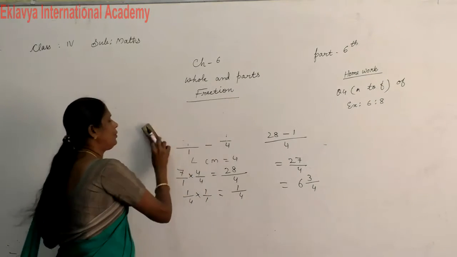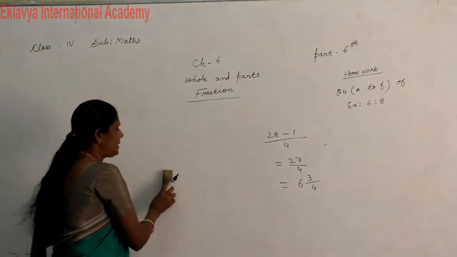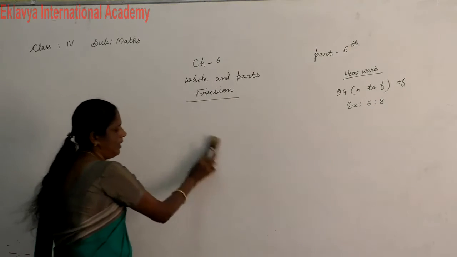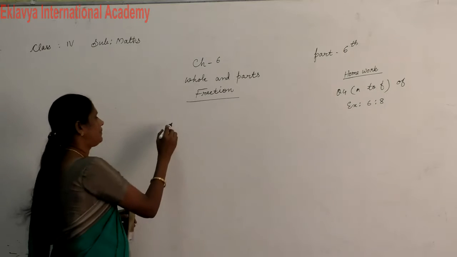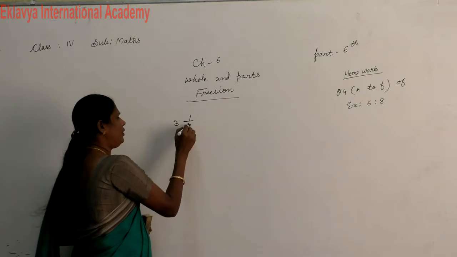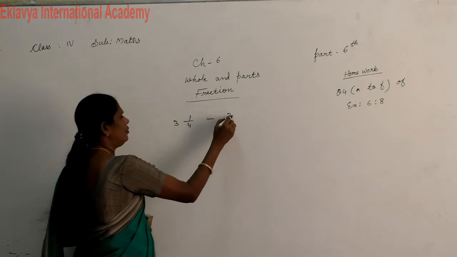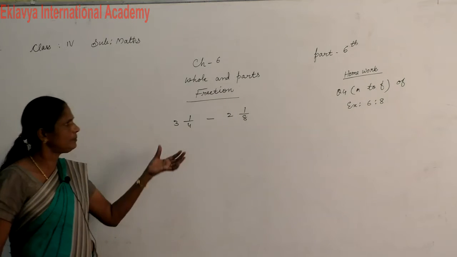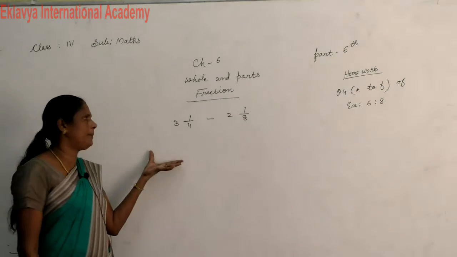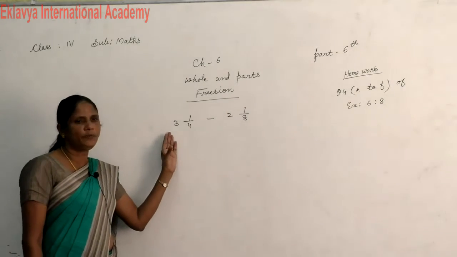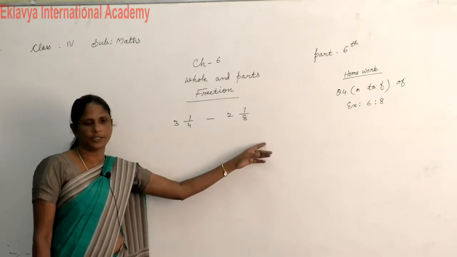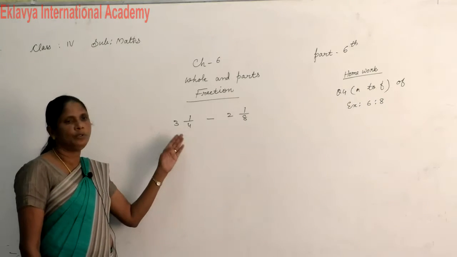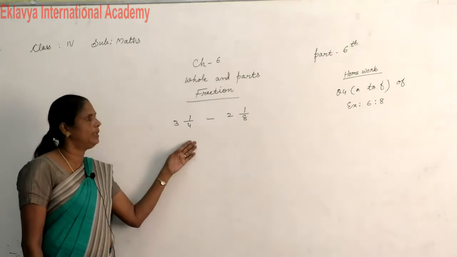Now how to subtract a mixed fraction with a mixed fraction? 3 1 by 4 minus 2 1 by 8. Listen, how to subtract a mixed fraction and a mixed fraction? First you convert mixed into improper.